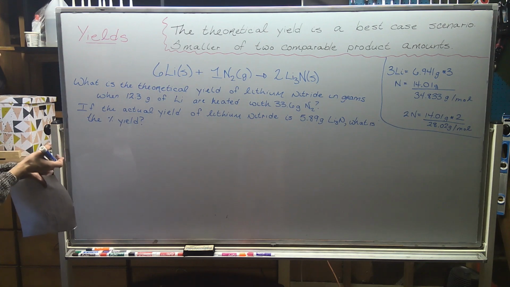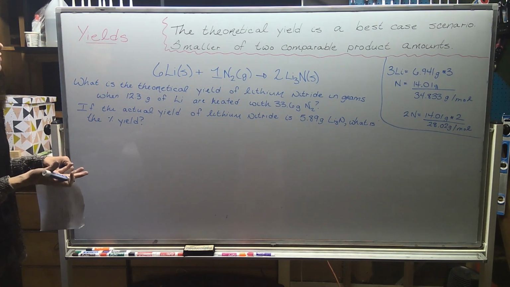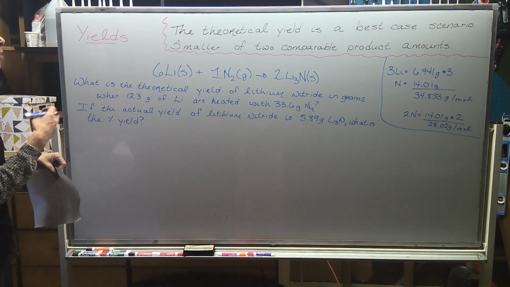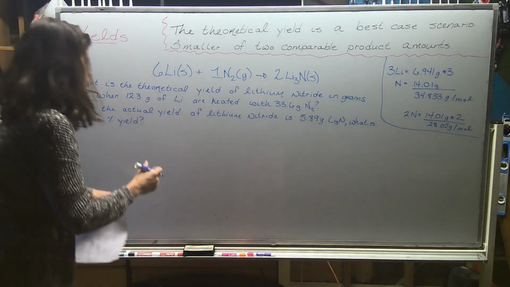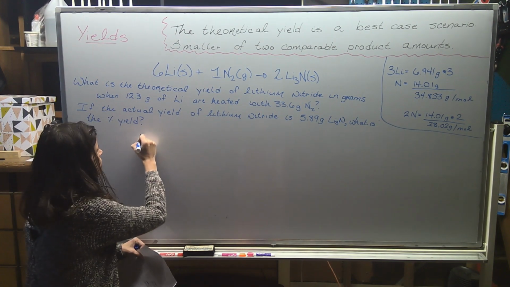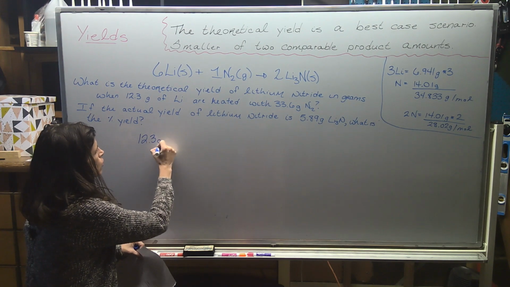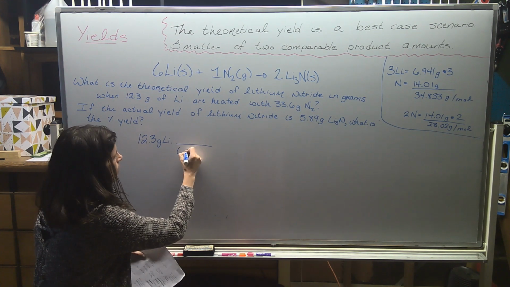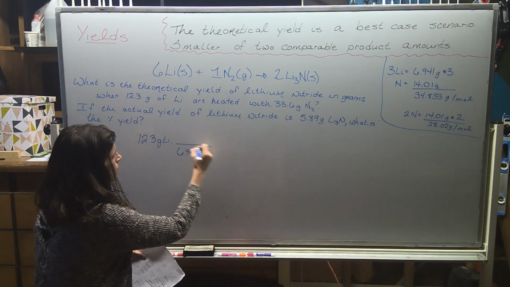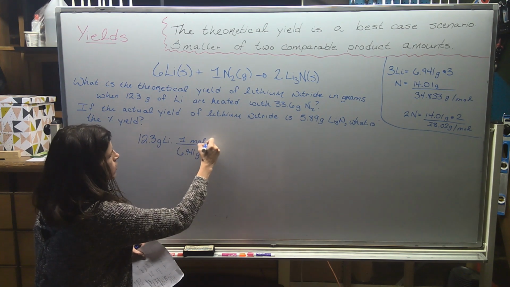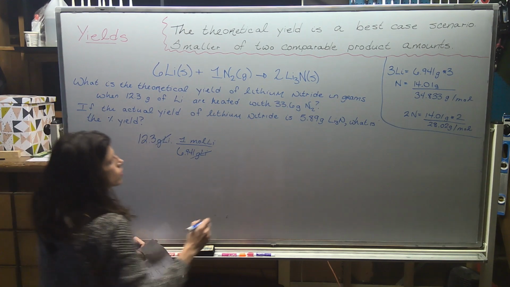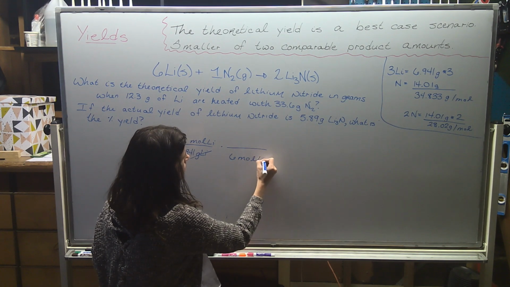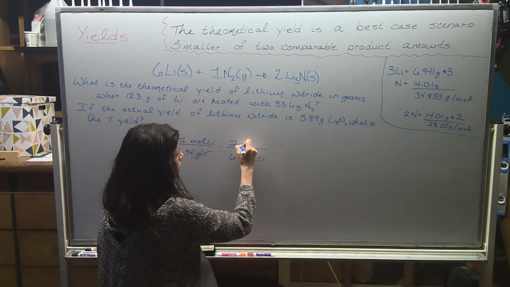So the second part of this problem asks to calculate the theoretical yield of the product, the lithium nitride, and they give us the grams of both of our reactants. So I'm going to start with the 12.3 grams of lithium. I need to turn that into moles. So I'm going to grab the mass from the periodic table. Now that I'm in moles, I can use my mole to mole ratio. So 6 moles of lithium produce 2 moles of lithium nitride.